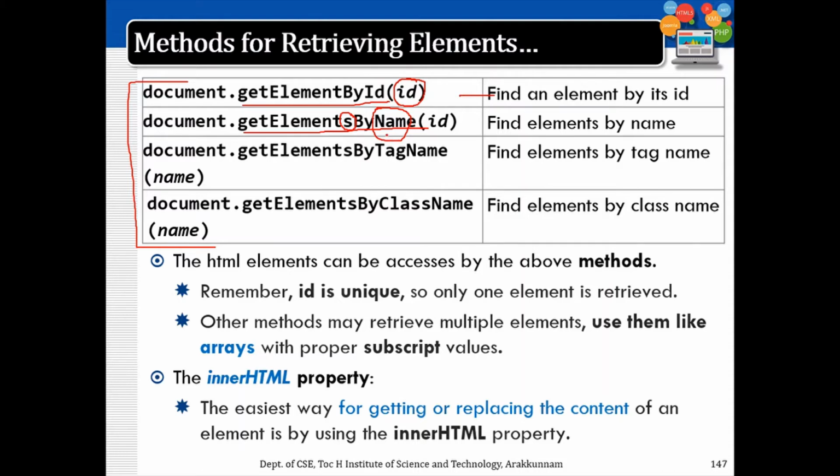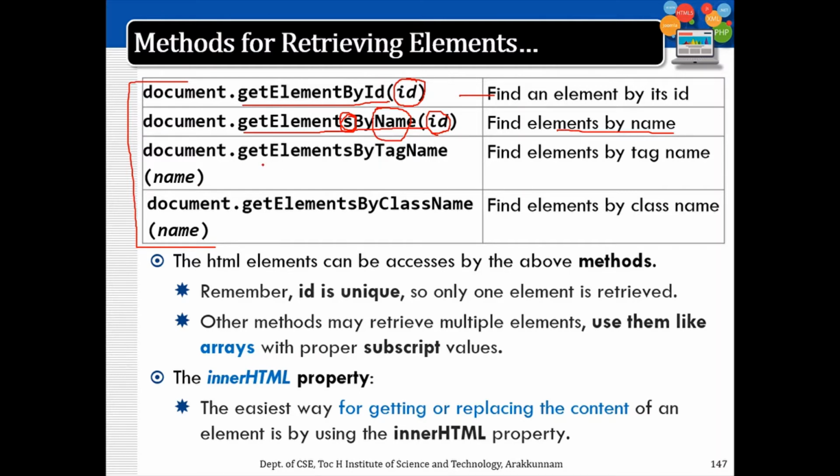So such a set of elements will be retrieved together, which is why it is getElements. Here the name has to be given, and the retrieved result will be an array of elements. One by one we can access that array by using the array index.